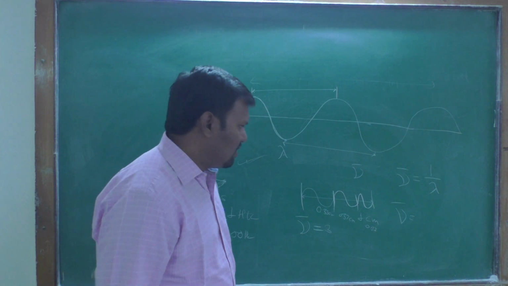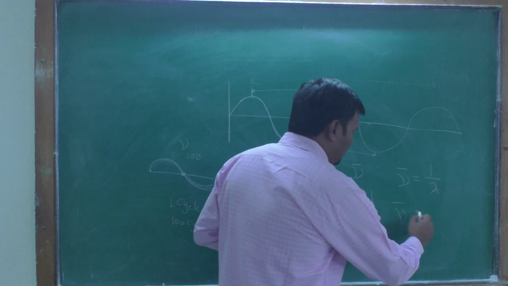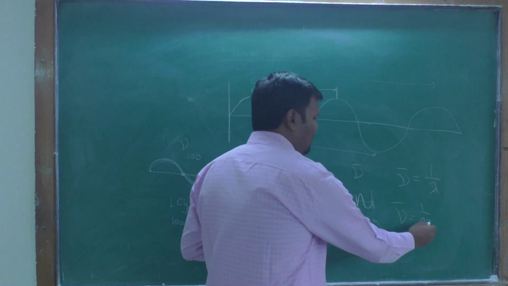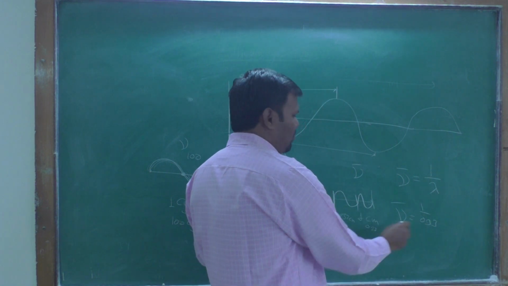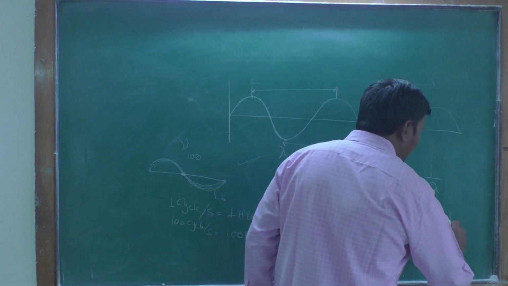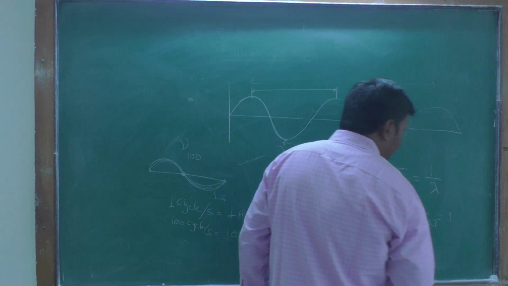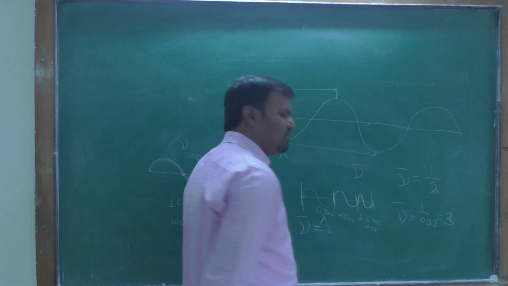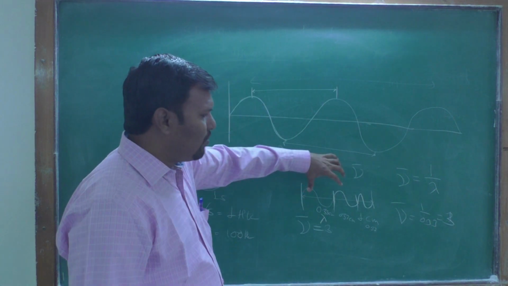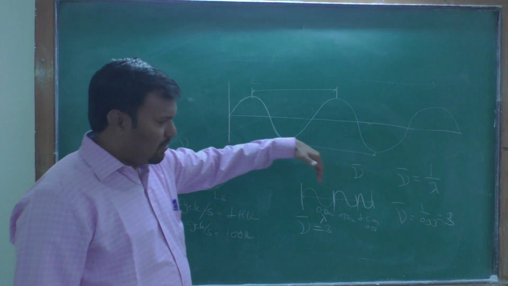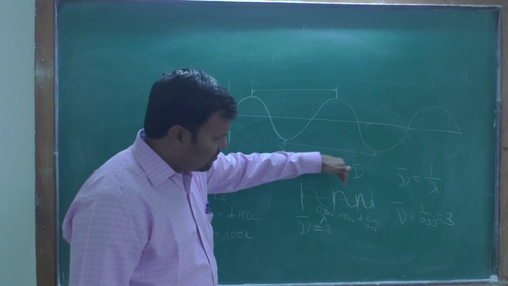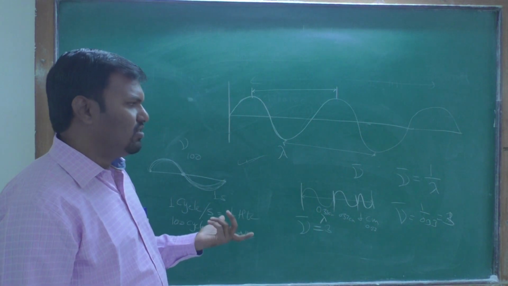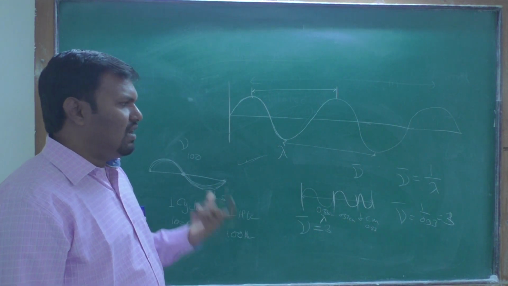If we calculate the wave number for this, the distance is 1 and 0.33 is the 1 wavelength, that is lambda, we have taken 0.33. Ultimately the answer will be 3. Therefore, the wave number for this radiation will be 3, and therefore mu bar is nothing but 1 upon lambda.